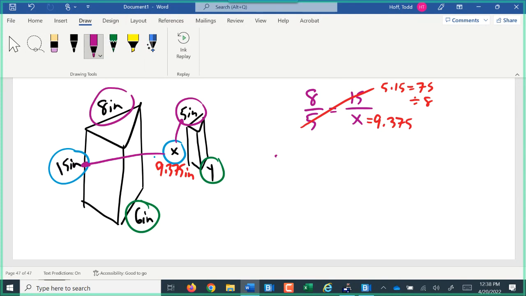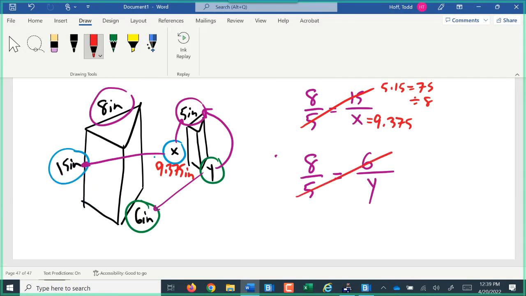To find Y, I'll pause for a second. Looks like people are writing furiously. So to find Y, we still go back to the 8 over 5. Where does Y go, top or bottom? Y is from the same figure as the 5. It goes on bottom as well. What goes above the Y? The corresponding side from the other figure is the 6.